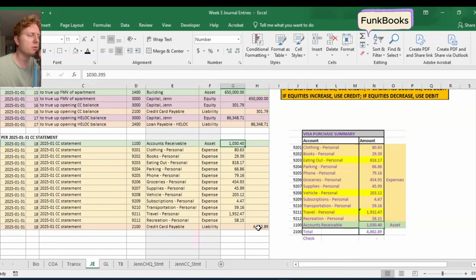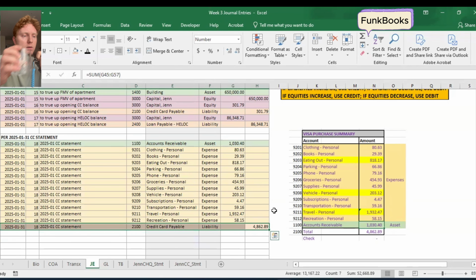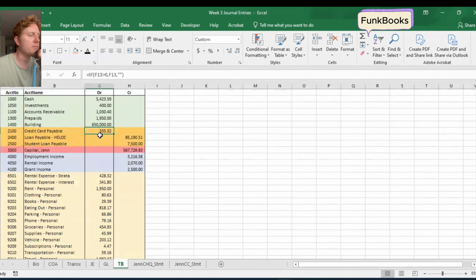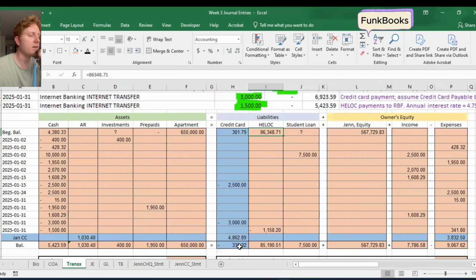And then we credit the credit card payable for that full amount, right? So now when we look at the trial balance, we should see 335.32. I think that should be exactly what we saw right there, 335.32.